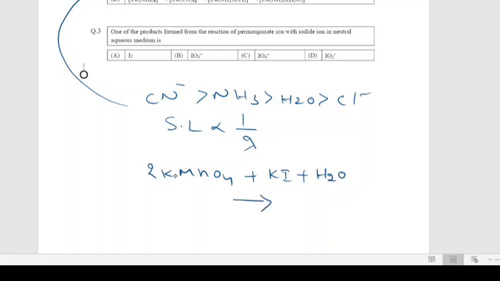In aqueous medium, KMnO4 readily converts into MnO2, which we know already. So we get 2 moles of MnO2 and 2 moles of KOH, along with the formation of KIO3, potassium iodate. Potassium iodate is formed, so we can say that iodate ion is formed. So the correct option is B.